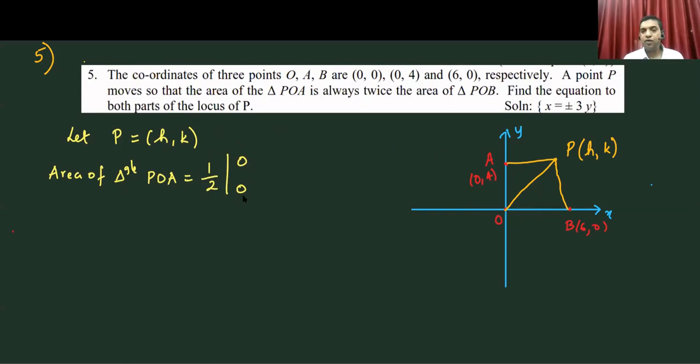So x1, y1, then x2, y2, which is (0, 4), and (h, k), (0, 0). So you get half times, just do the cross multiplication, 0 minus 0, 0 minus 4h, 0 minus 0. So you get minus 4h.